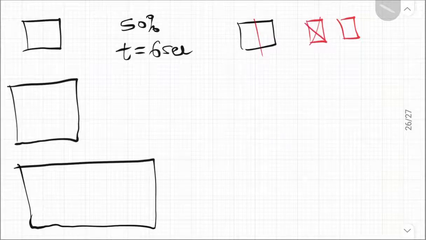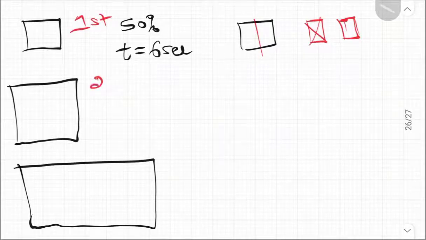Of course, we are actually depicting the amount using the area of this block. All right, so we have this block remaining. That's for the first experiment.